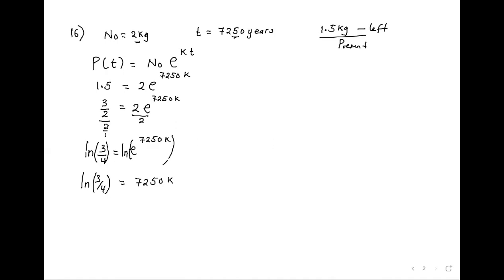Then here we divide by 7,250, and we divide by 7,250. So we have k is equal to 1/7,250 multiplied by ln 3/4.